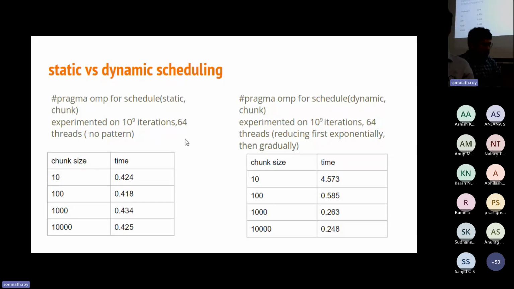Whenever one thread completes its chunk, it has to select its next set of iterators to work on, or it has to be allocated. So that scheduling overhead is higher when the chunk size is less for dynamic scheduling, and when the chunk size is higher, the scheduling overhead is lower, and that is why it takes less time even than static scheduling.